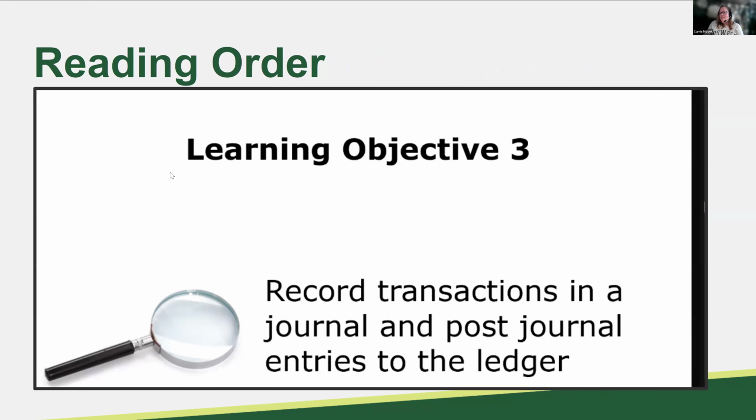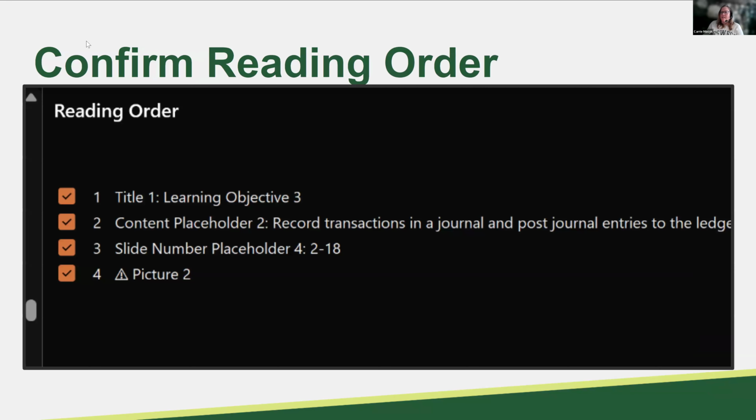All right, so consider this one here. I've got learning objective 3 in the title. I've got a picture of a magnifying glass, and then it says record transactions in a journal and post journal entry to the ledger. I actually made a screenshot of the reading order, and as it stands right now, it is going to show the title, learning objectives first.